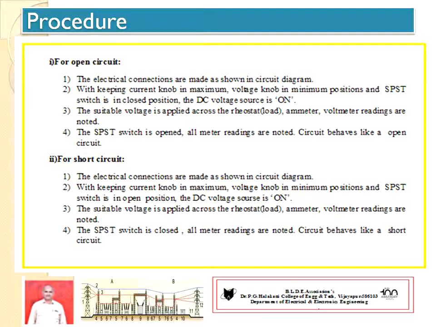The suitable voltage is applied across the load or in the circuit. Then note down all meter readings, voltmeter, ammeter readings are tabulated. Final step, the SPST switch is closed. All meter readings are noted. At this instant, the circuit behaves like a short circuit.